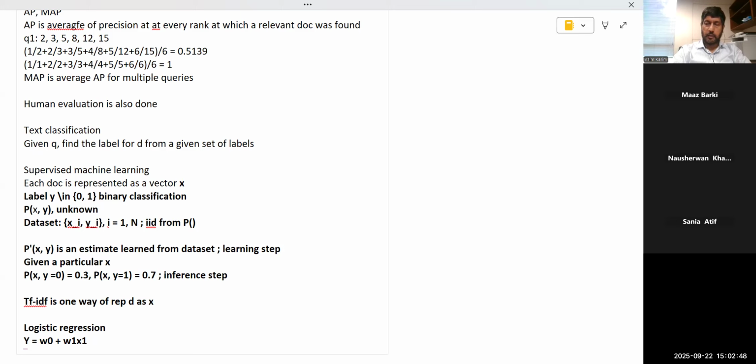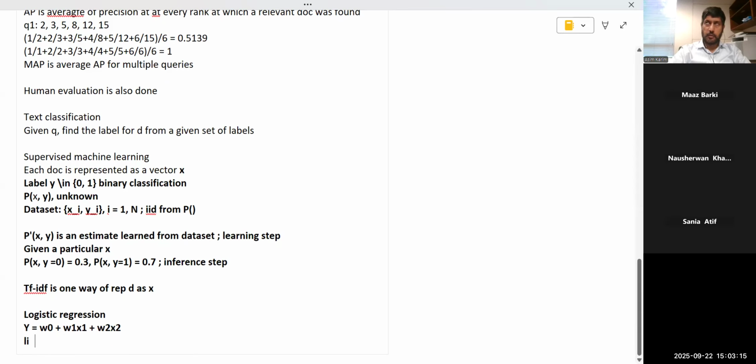We said vector x represents each document, and x1 would be one particular feature, plus w2 x2. So in this case, we say that there are only two features. So vocabulary size 2, or you have two features, which of course for text classification is a bit too low, but just to explain this. Okay? So you must have studied functions like this, but this was typically called linear regression, right?